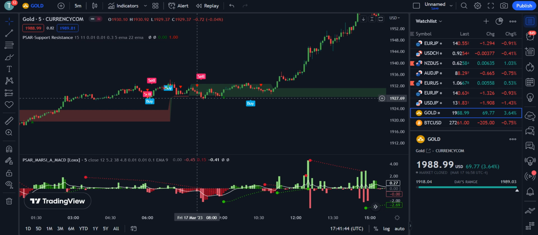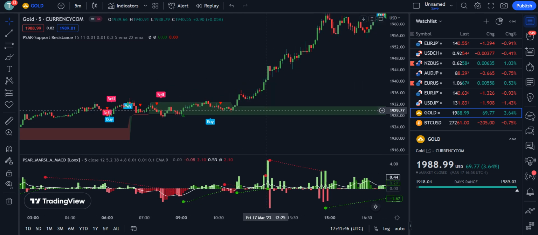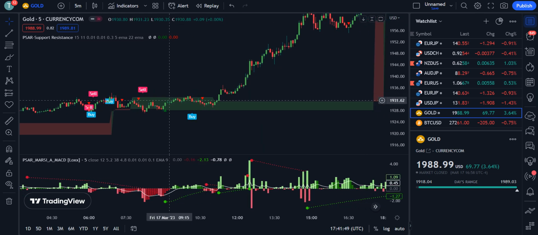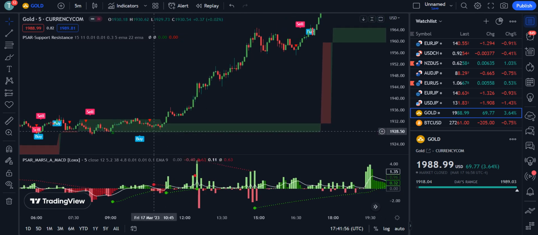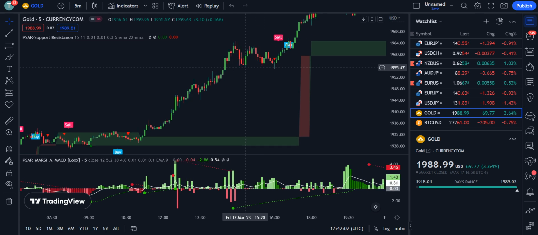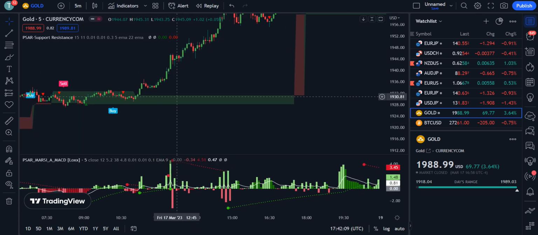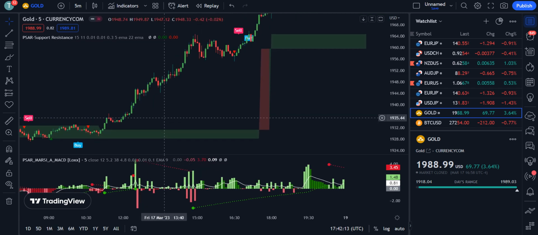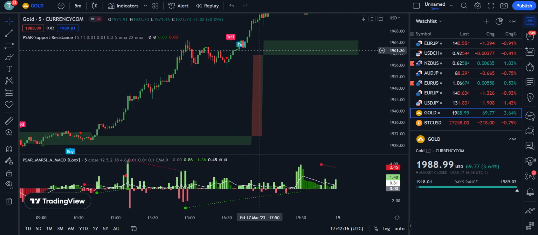One more thing we have to look at in this indicator is that our market has to move between these two levels, support and resistance. Always remember, whenever our market crosses the resistance level or the support level, it goes out of it, and the level which was first resistance will be converted into a support level, and we have to wait for another resistance level.